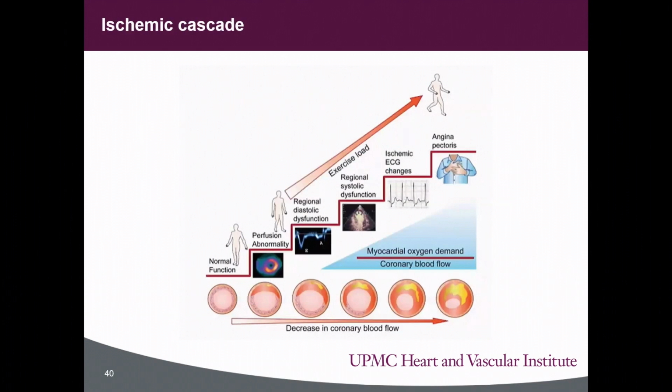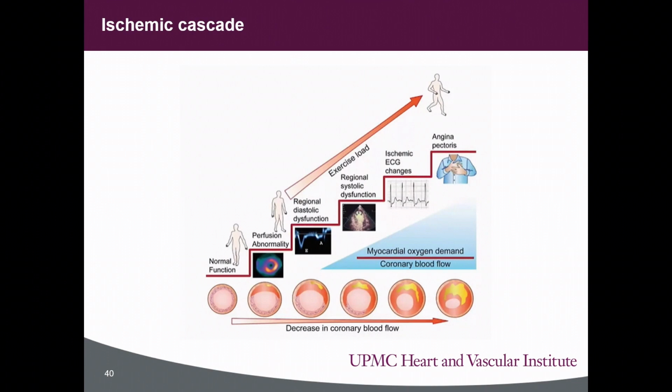So as we think about the ischemic cascade, you'll have normal function. Then those perfusion abnormalities can show up. So even if someone's not having clinical symptoms, because of those changes that I just showed you about coronary flow, we might be able to pick up ischemia on a stress test in advance. In terms of stress echo, we think about the diastolic, but more in particular the systolic dysfunction.